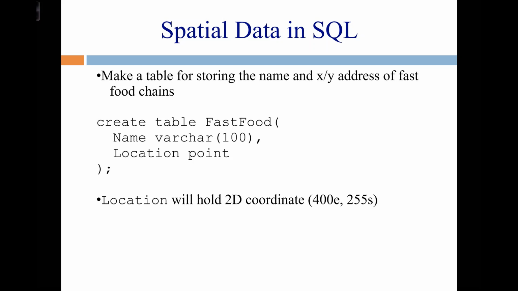In our example, location is just a 2D point. It's not really an address, but in Salt Lake it is, because we just have grid addresses. So if my x is 400 and my y is -255, that would be like 400 east and 255 south. Okay?